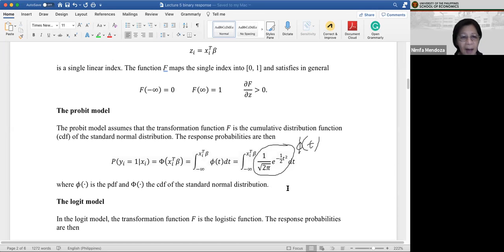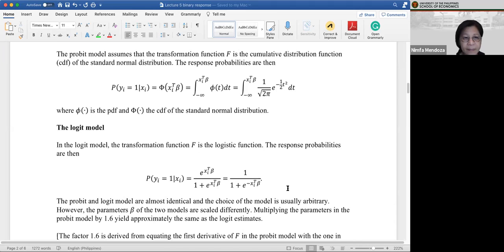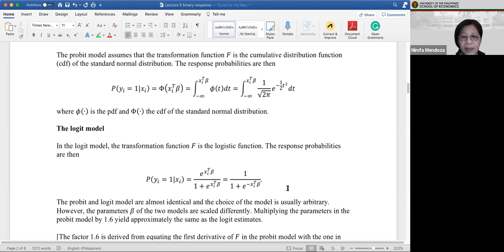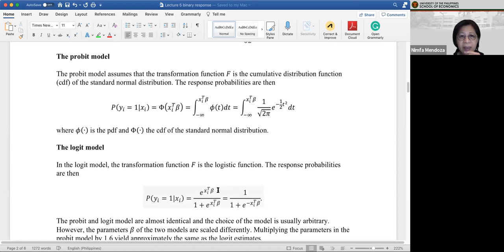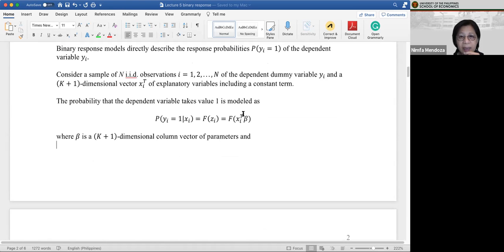Okay. How about for the logit model? The transformation function F is the logistic function. Okay, the response probabilities are then given by this. So this is the CDF evaluated at x sub i transpose beta.